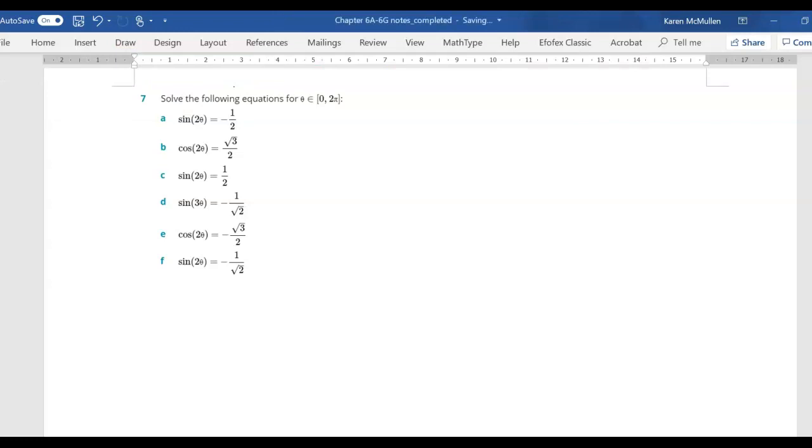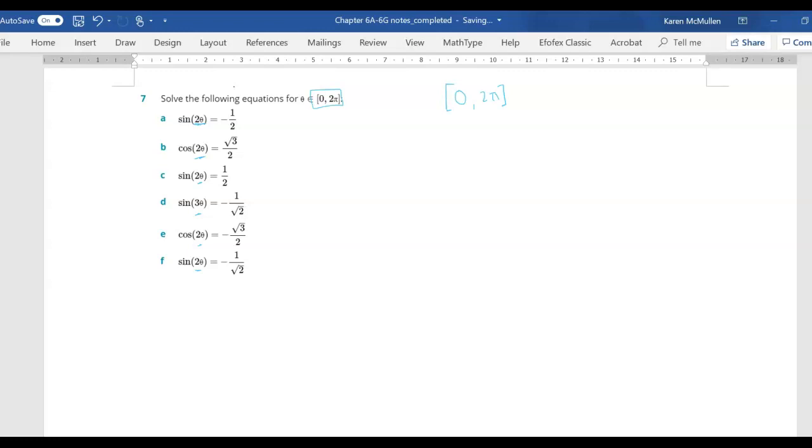All right. Now, if you have a look at question 7, you will notice that instead of having just theta or x by itself, we now have a coefficient. Okay, so we know that relates to the period, but the only thing it changes really is your domain. So the 2 is just changing your domain. So we're going from 0 to 2 pi.